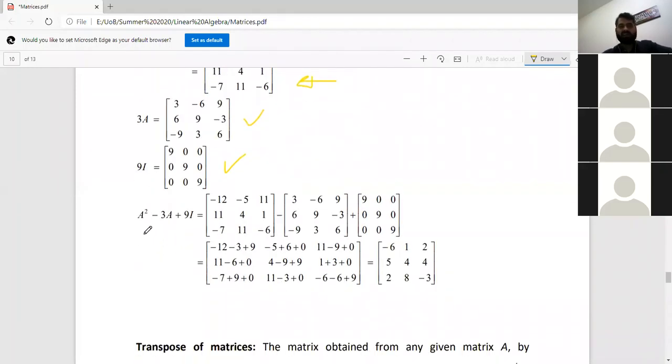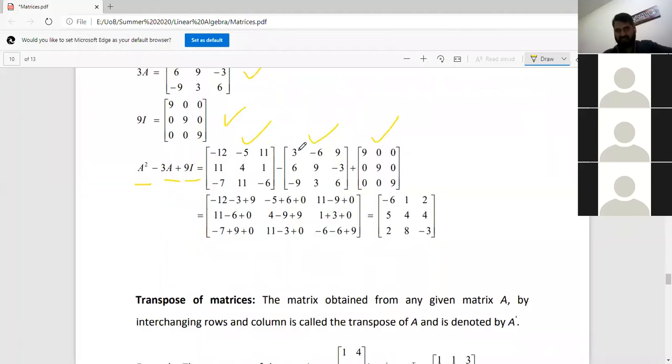Now if you can, A square minus 3A plus 9I. This is A square, this is minus 3A, this is plus 9I. Now if you add, minus 12 minus 3 is minus 15, plus 9 is minus 6. So see, you got this.